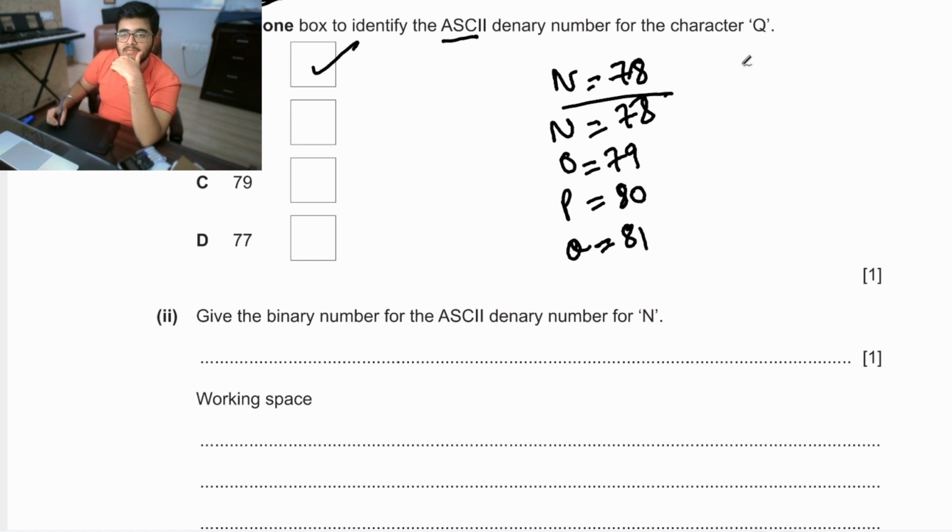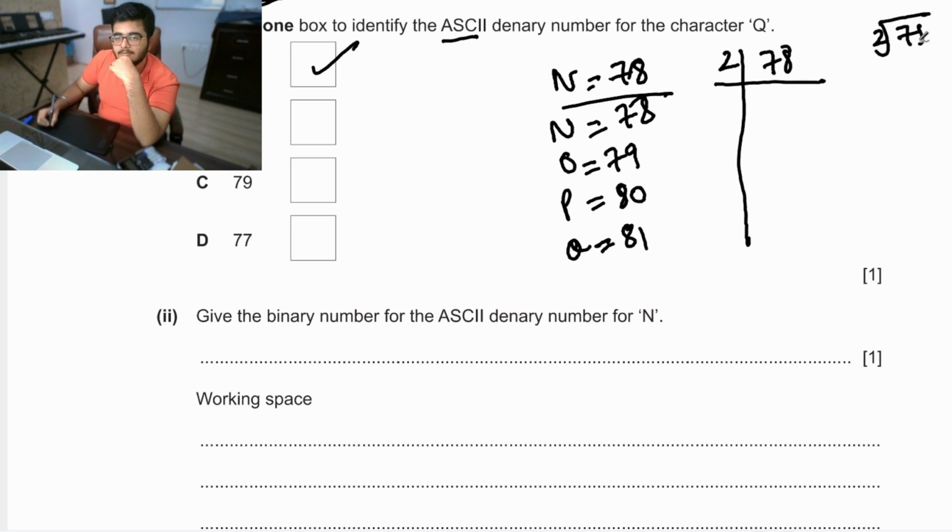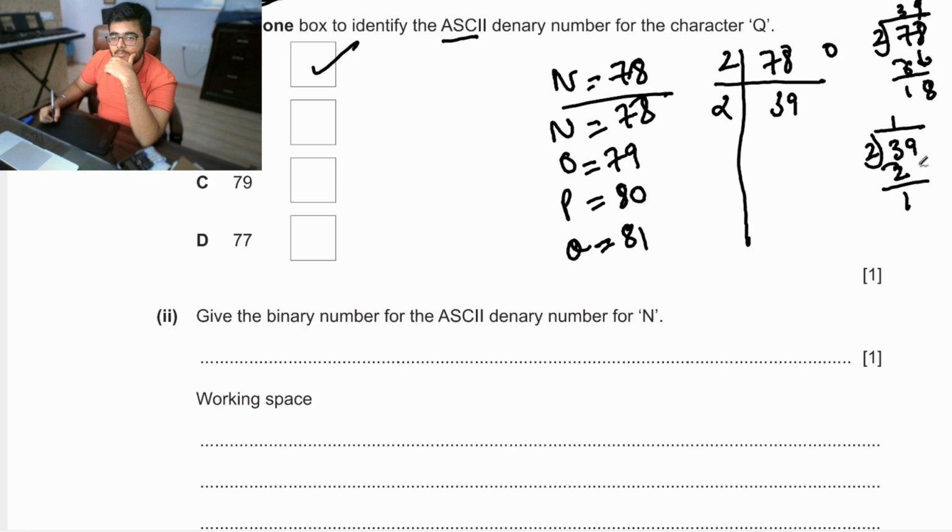Right, let's convert 78 once again. 78, 2 3s are 6. Right, 1, 8, 2 9s are 18. So 39, remainder is 0. 2 1s are 2, minus 1, 19, 2 9s are 18, remainder 1. So 19, remainder is going to be 1.